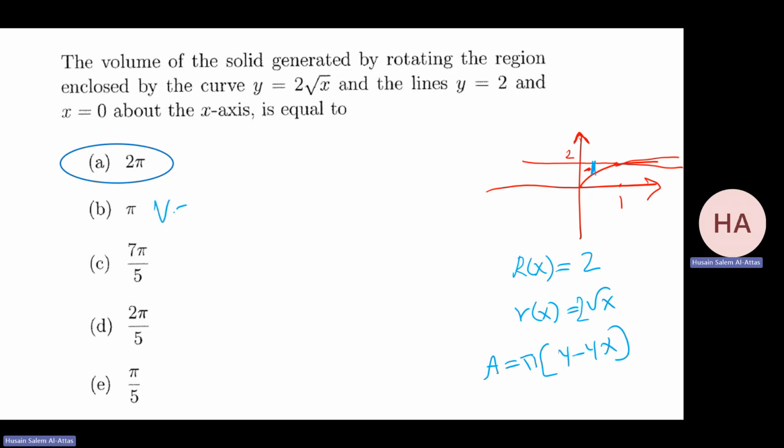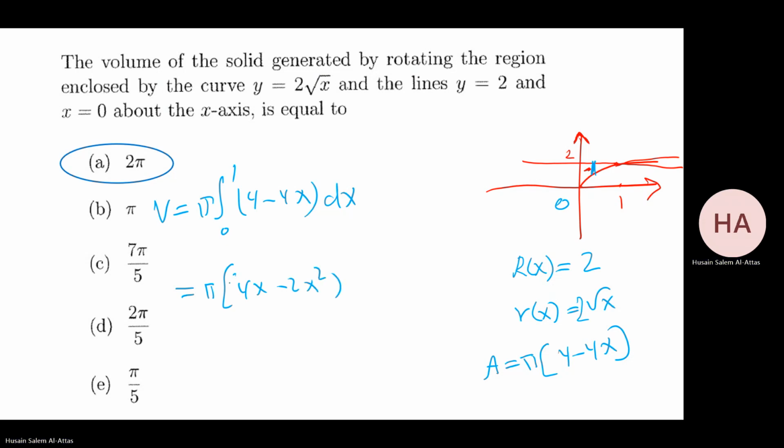And the volume from where to where? From 0 to 1. Pi times the integral from 0 to 1 of 4 minus 4x dx. That gives me pi times 4x minus 2x squared from 0 to 1. That gives me pi times 4 minus 2, which is 2 pi.